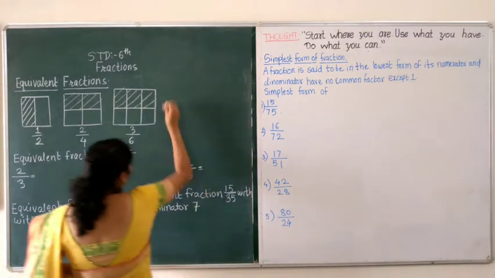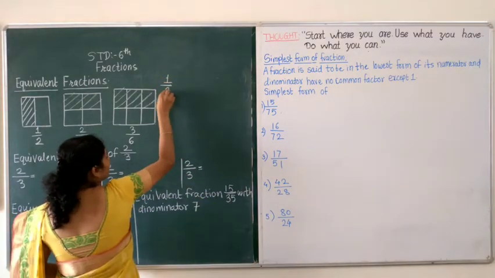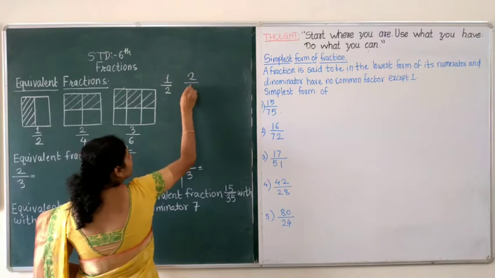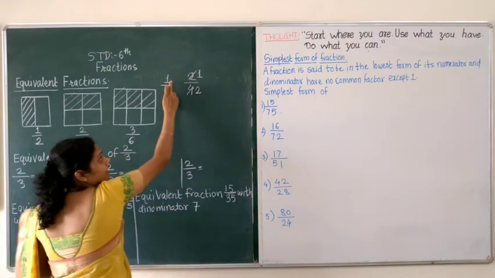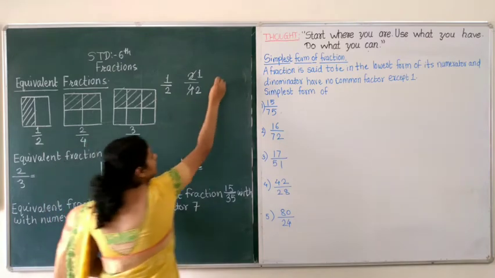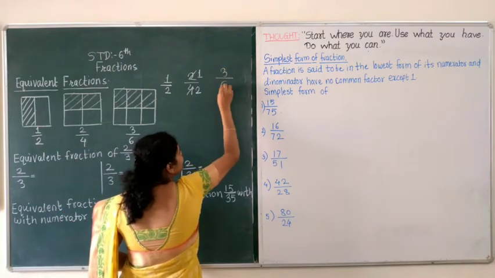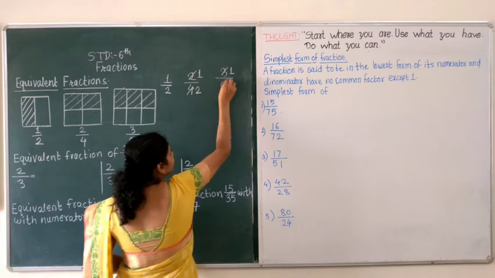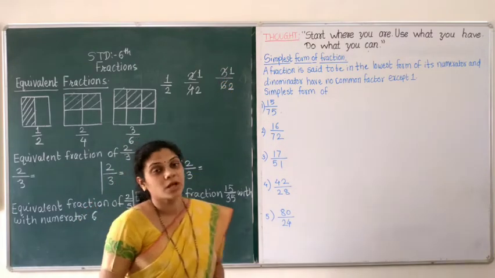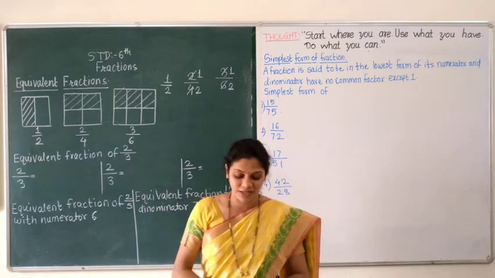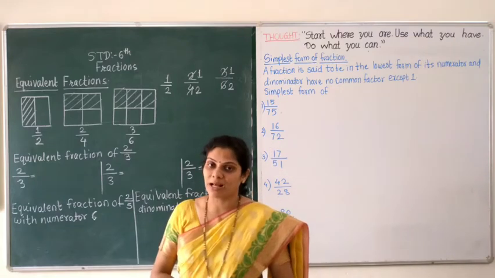Okay, so look at here, 1 upon 2, then 2 upon 4. 2 ones are 2, 2 twos are 4. Value is same. Is it right? Then 3 upon 6. 3 ones are 3, 3 twos are 6. Again 1 upon 2. Value is same. So like that we can easily find out the equivalent fraction.